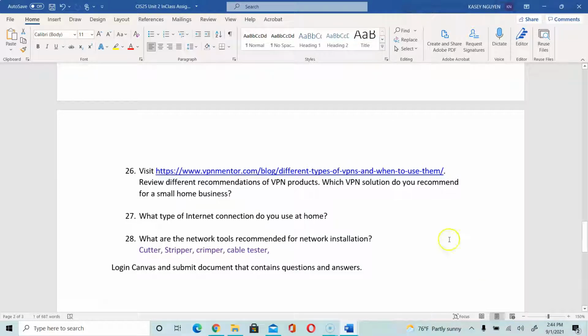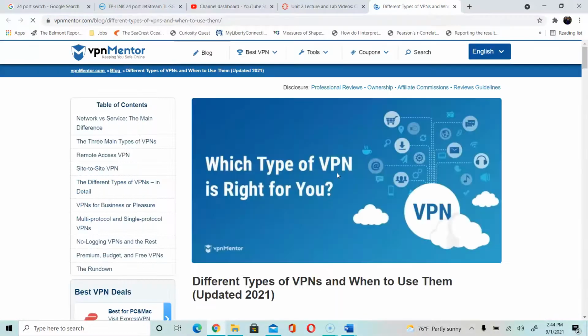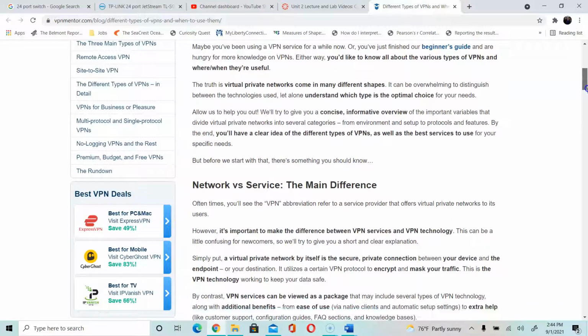Visit the VPN Mentor website, and you would look at the product, and you would select a VPN of your choice for a small home business. So when you visit this website, you would see that there would be different types of VPN that's suggested.